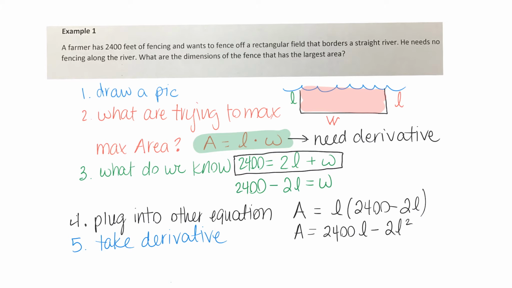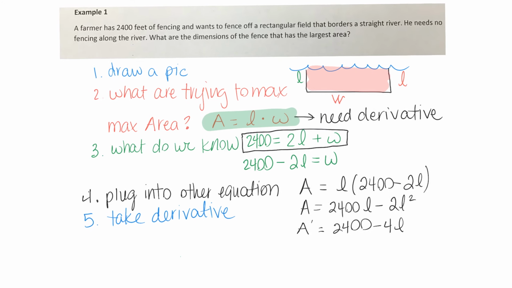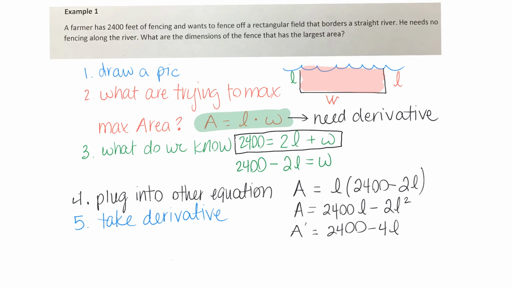And then if I take the derivative of that, A prime equals 2400 minus 4L, right? And then what do I know about finding a max? Max exists where the derivative equals 0. So 0 equals 2400 minus 4L.